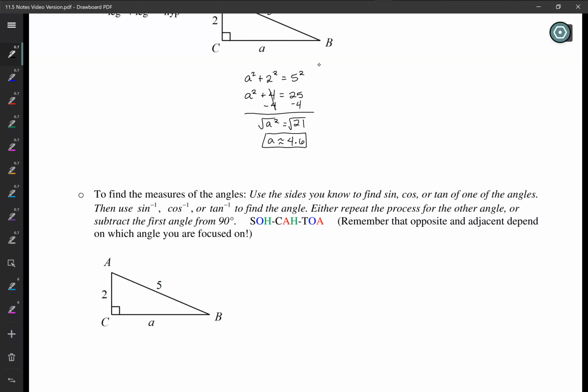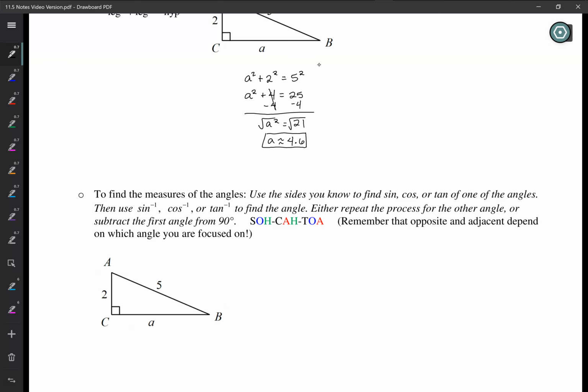Now the key on this is to remember that opposite and adjacent depend on which angle you are looking at. So you need to decide, am I trying to find angle A or am I trying to find angle B?